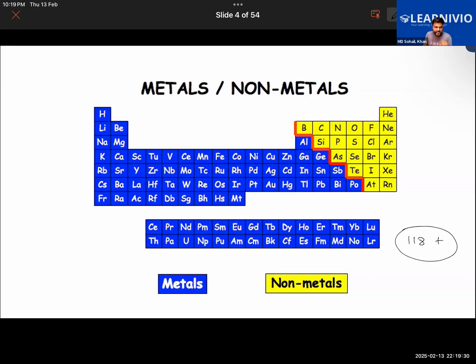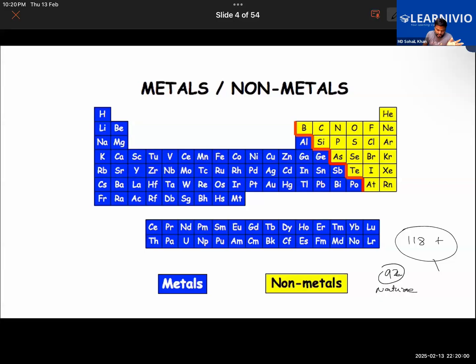Out of this, roughly 92 of them are naturally occurring, found in nature, while the remaining ones we have made in laboratories through various chemical reactions, particularly nuclear reactions. Further, we classify these elements into metals and non-metals, and then we have semiconductors also, basically the metalloids.